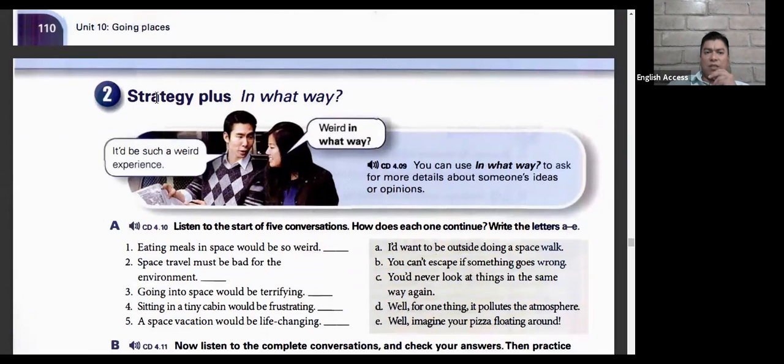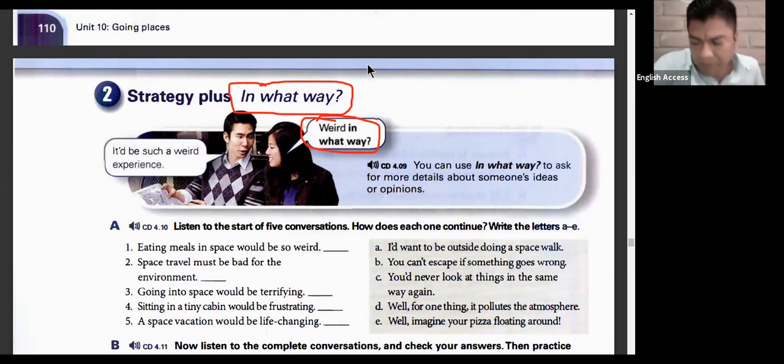And then you have the strategy plus. Another expression is in what way, which is asking for more information. You can say weird in what way, or weird in what sense, etc. Okay.